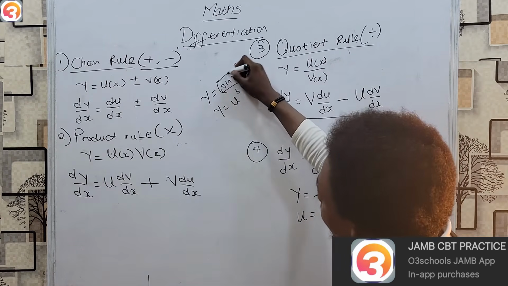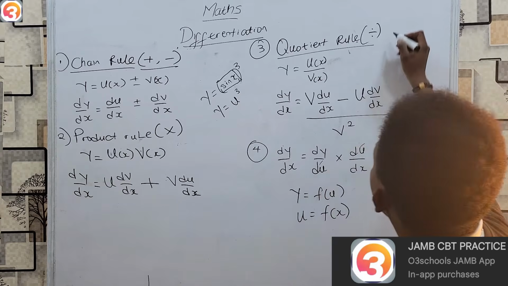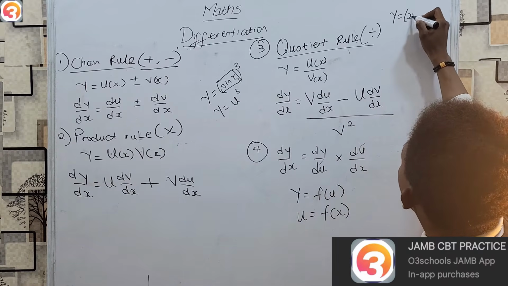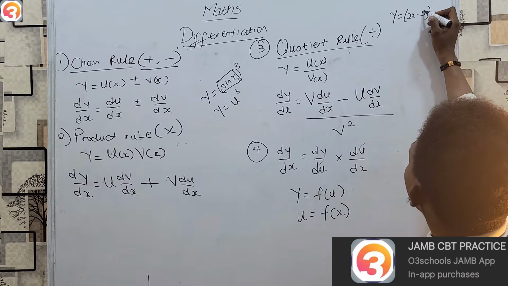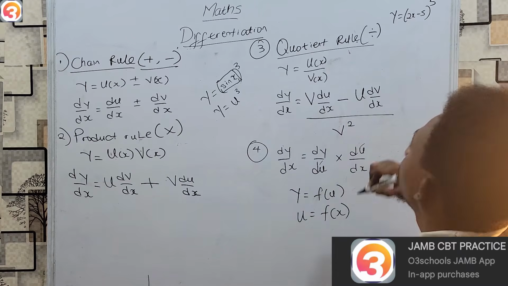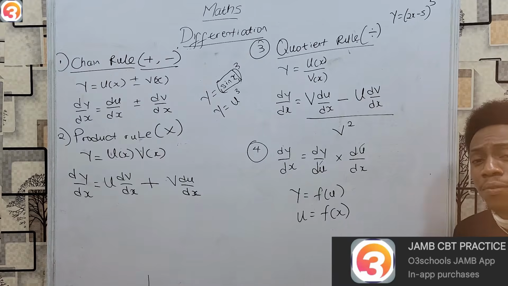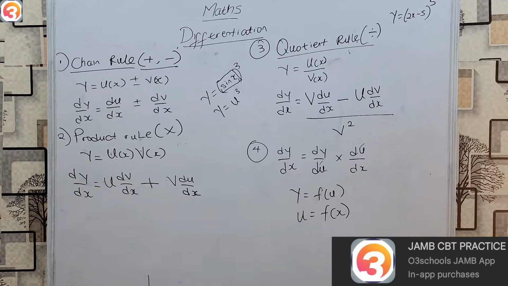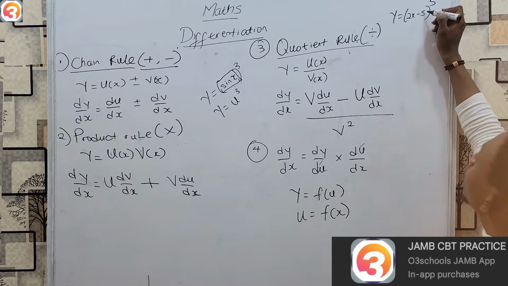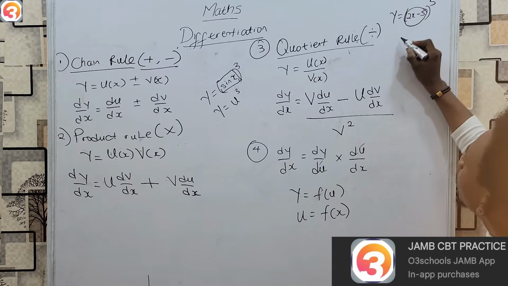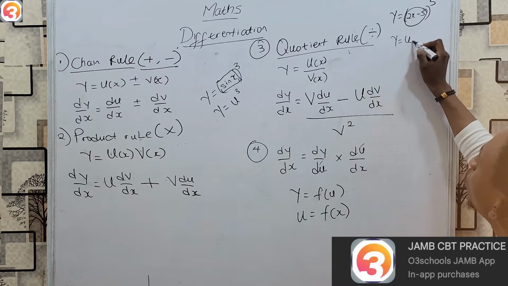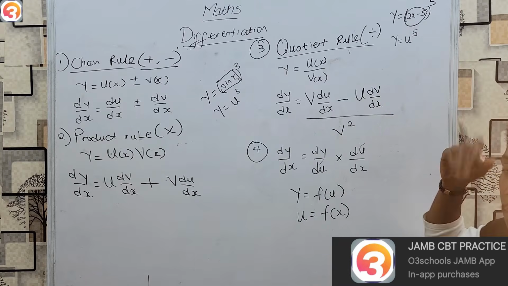So if I've asked you something like this, say for example, y equals 2x minus 5, raised to power 5, in that case, rather than expanding this bracket to get it in linear form, which will be stressful, or trying to use the product rule when there are 5 things multiplying, I simply say, let's turn everything in here into u. y equals u raised to power 5.